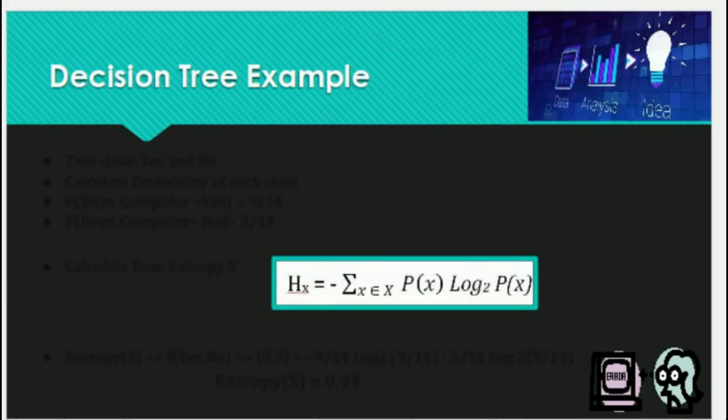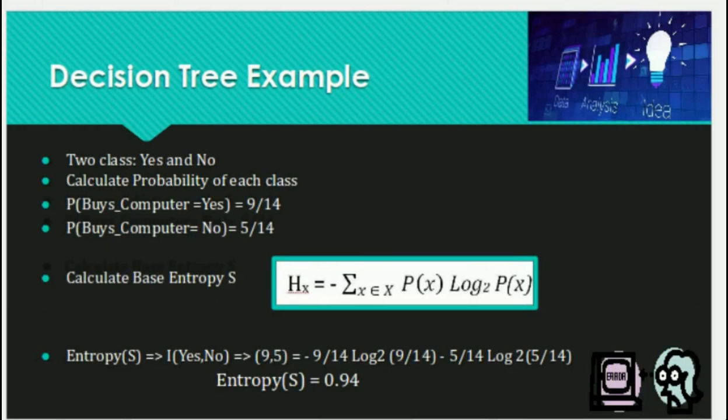Now it is time to calculate the probability of buys computer for both classes, yes and no. Why are we calculating this probability? Because it is the input to the equation of entropy. Once we calculate the probability, we put the values in the equation of base entropy.